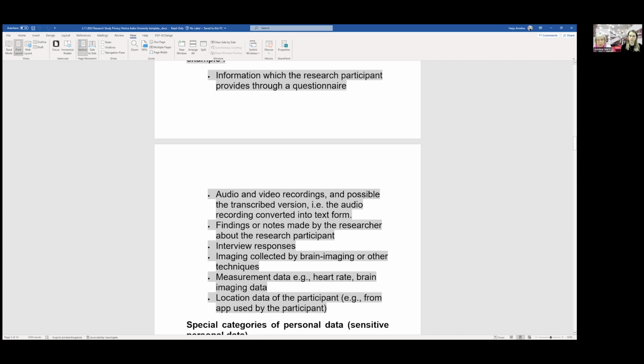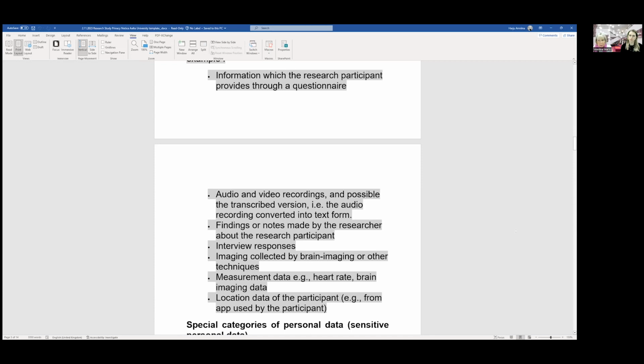Then, of course, audio and video recordings are personal data. Also the transcribed version, if the wording comes from the participants, so it's personal wording. Findings or notes made by the researcher about the research participant can be personal data.